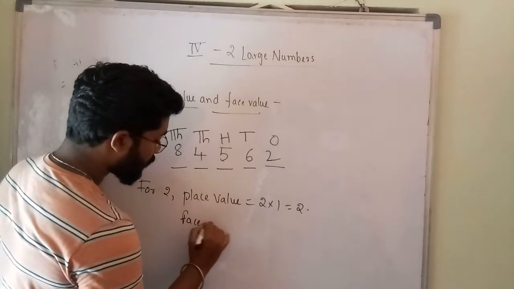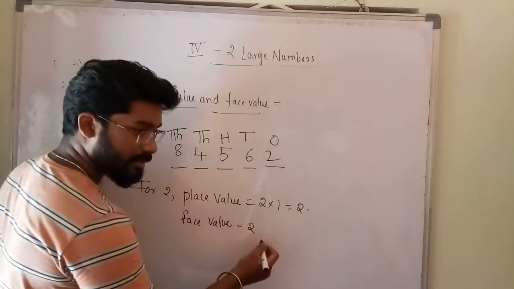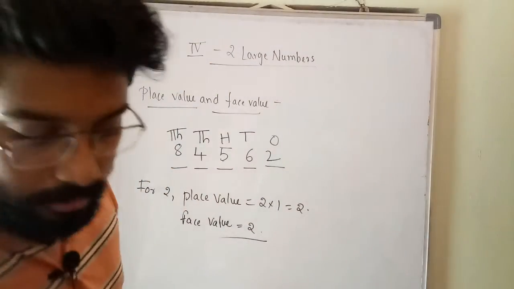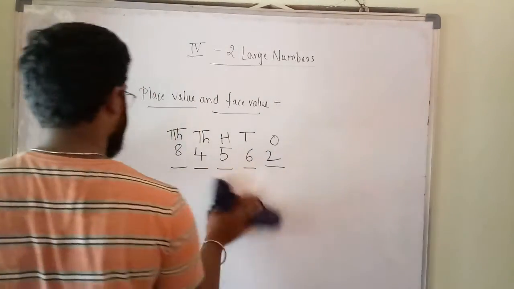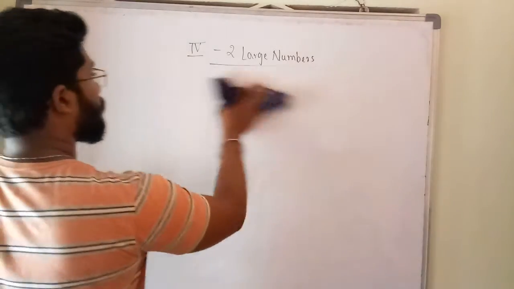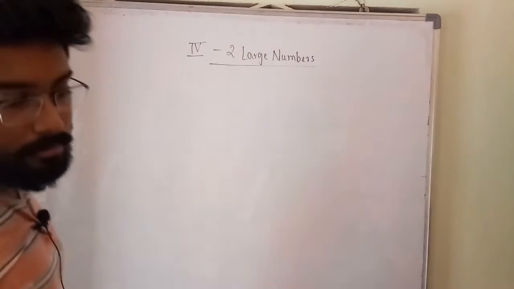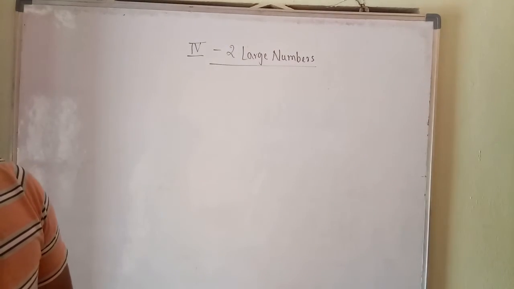The face value of 2 is the digit itself, 2 only. So like that you have to find the place value and face value for every digit. Okay, right? So we have completed this example.